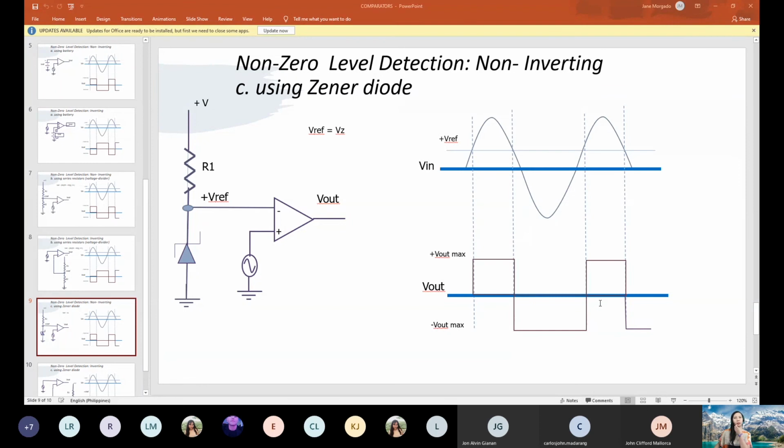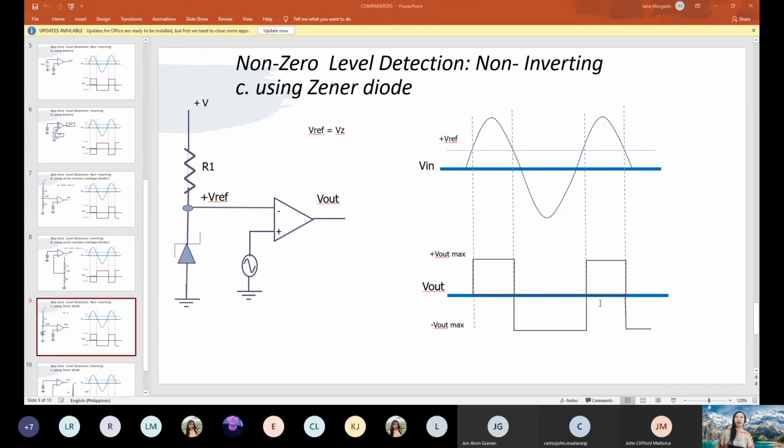But Zener is a special diode which can be used in both forward and reverse bias. Basically, though, a Zener diode is used in reverse bias.